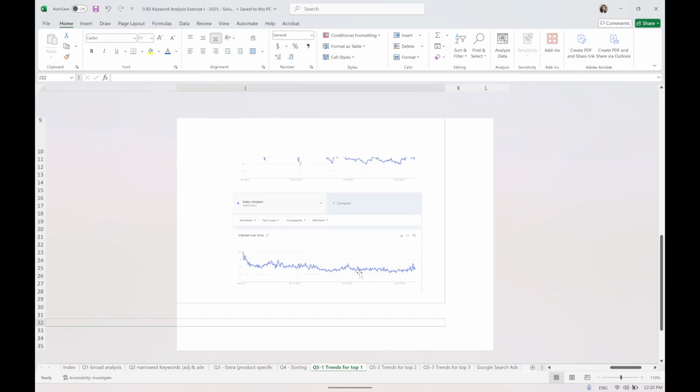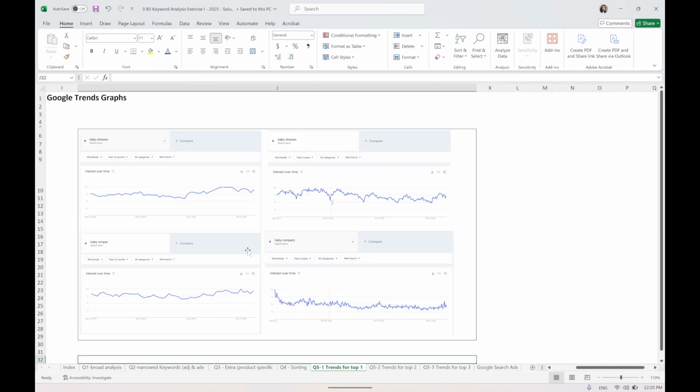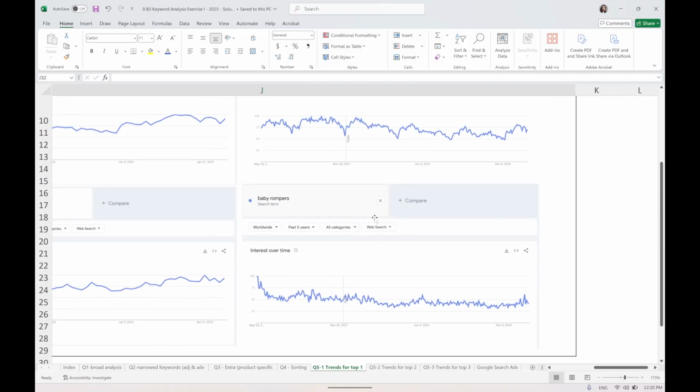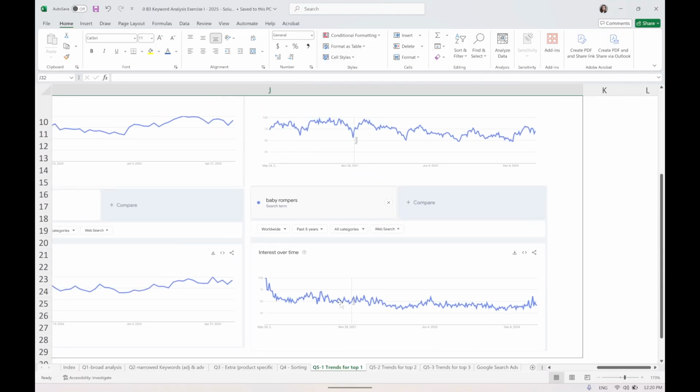By the way, I didn't explain something very important, but in class I did: this is baby dresses, and this is baby dresses. The only difference is that this is the past 12 months, and this is the past 5 years. So within 3 to 5 years, you can see if there is a pattern, like the seasonality that we explained in class, and you can easily judge if this is going up or down over the years.